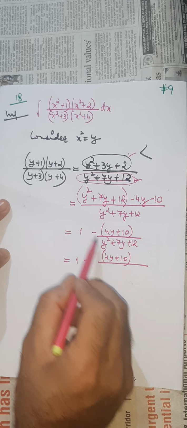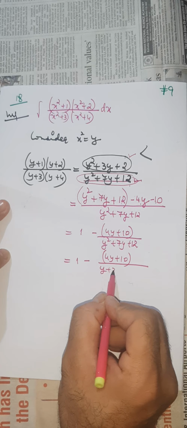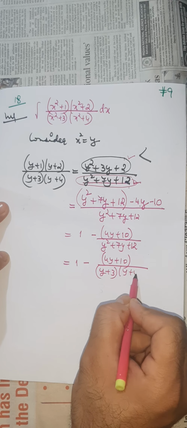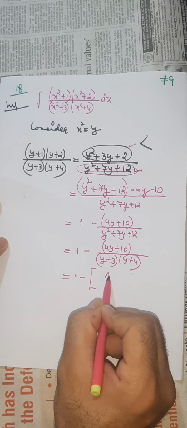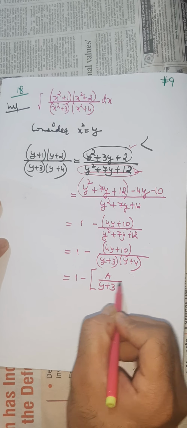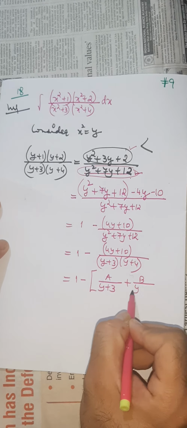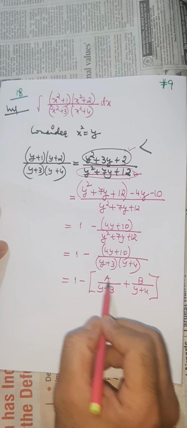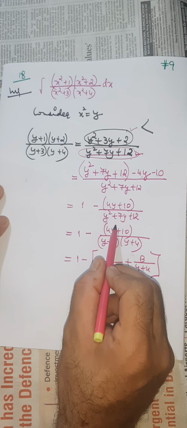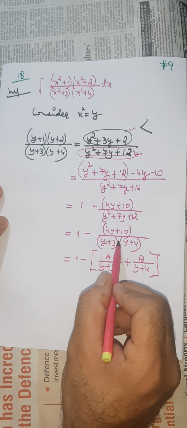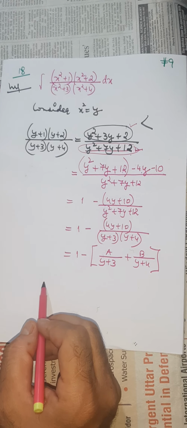This you can factorize like this, (y + 3)(y + 4). And here I'll use the partial fraction method. So a upon y + 3 plus b upon y + 4. This is now linear upon product of two linear factors. Here power is 1, here total power is 2, so you can use the partial fraction method.